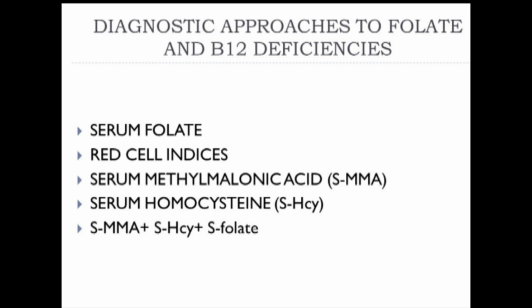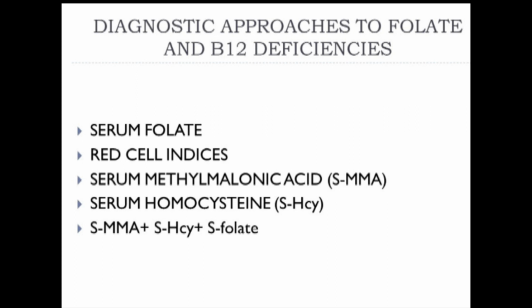In another example, if the serum folate level is not below the critical cutoff of 3 micrograms per liter, and if the homocysteine is elevated and serum methylmalonic acid is elevated, then we can conclude as well that there is a B12 deficiency. Now, however, to make things a little complicated here, we do know that serum folate levels can also rise in a B12 deficiency.